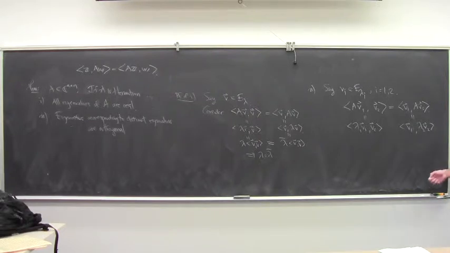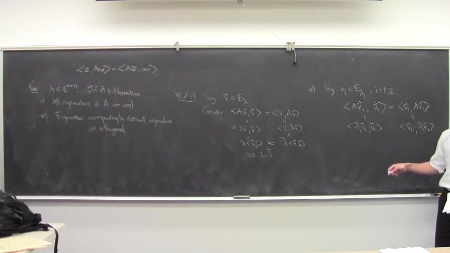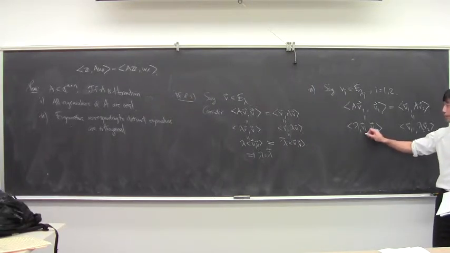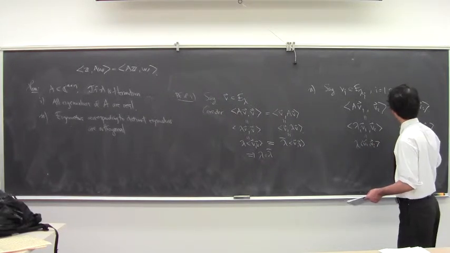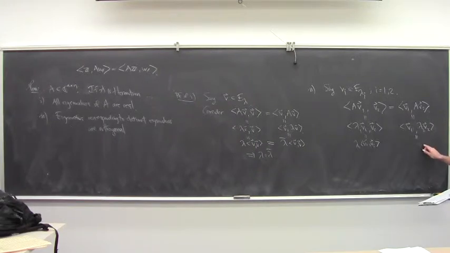But so what happens then? What do you see happens? This is going to be lambda 1, V1, V2, and this is going to be lambda 2, V1, V2.